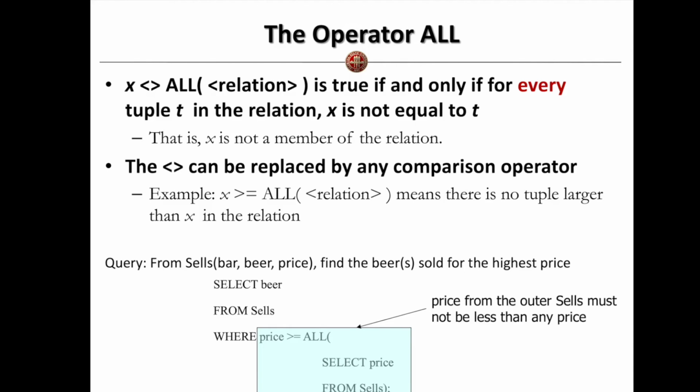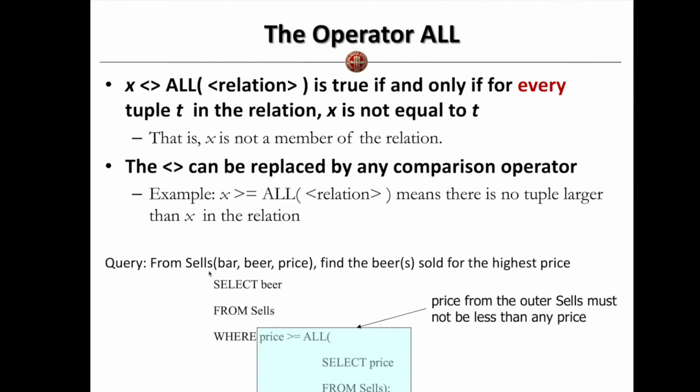Here we can do this question in a much simpler way by using this all operator to help us. We have a question as shown here. From a sales table with bar, beer, price, please find beers sold for the highest price in the table. How can we do this question? Before, we did this question by using the sales table twice, right?